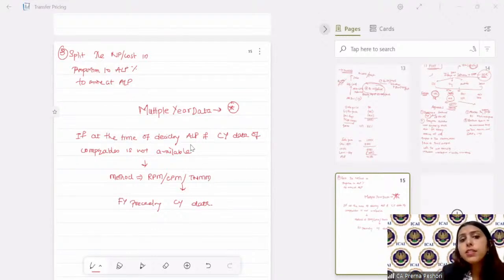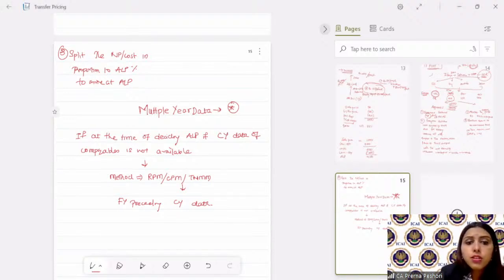But if the data of the year in which the international transaction has been entered into is not available for some reason, then you can use the data relating to the last year also, if the current year data is not available at the time of furnishing the return of income. Is that clear?